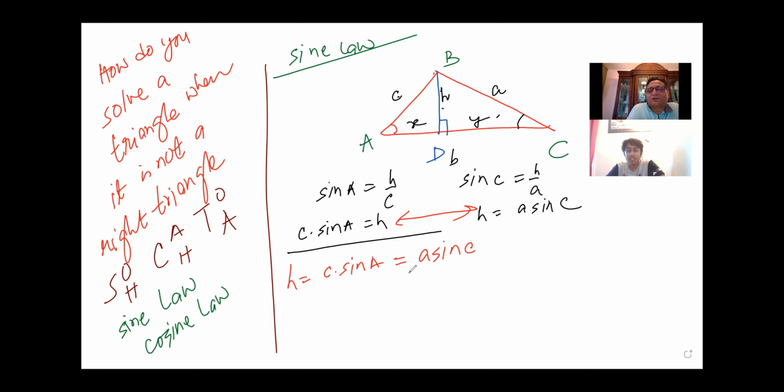So I can cross multiply and write this as sine A over a is equal to sine C over c, correct? Similarly, I can do the other two triangles and also say that this is also equal to sine B over b. Is it okay?